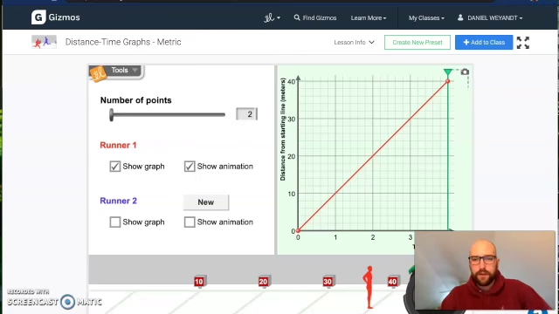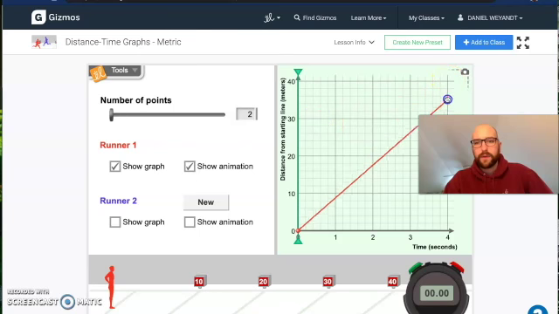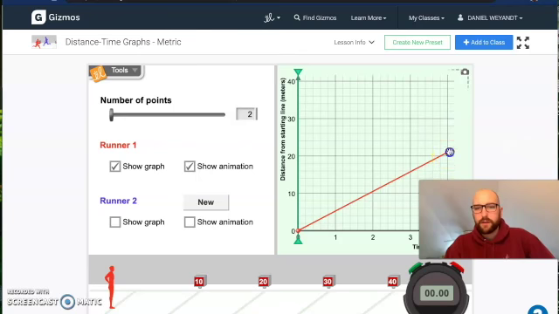So let's go back to the beginning now, and let's change our distance. What if in 4 seconds the person runs just 20 meters? What's that going to mean for us?